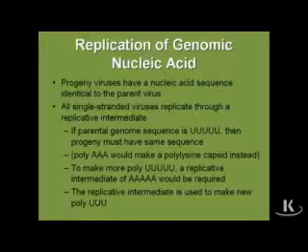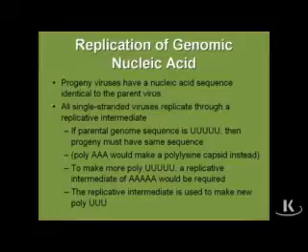Continuing on with the replication of nucleic acid, and again, this is just kind of reviewing some of the things we talked about, and in the next slide we're going to do the same thing. So by the end of this, you should have a really good idea about how these viruses replicate. Now, the first bullet point here is progeny viruses will have a nucleic acid sequence that is identical to the parent, okay?